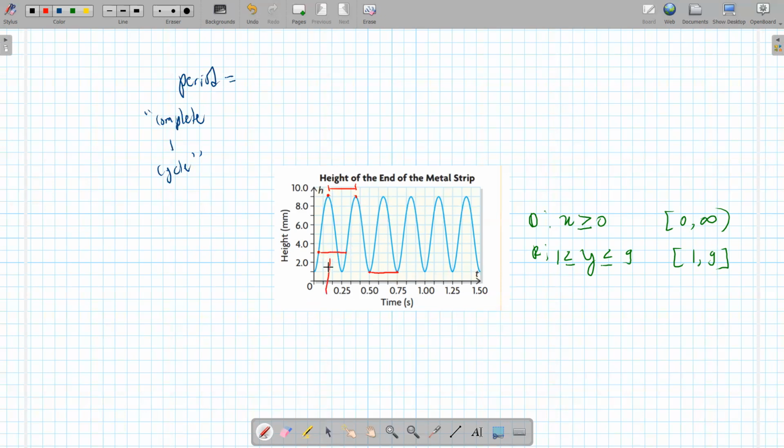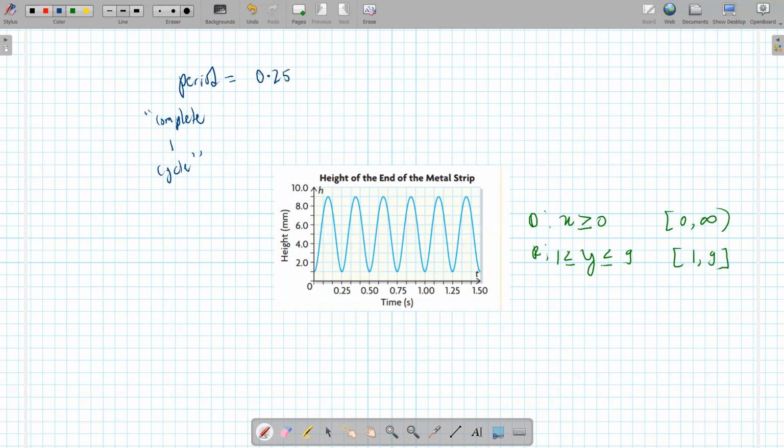But this one's not a very good example because we don't know what the x value is there. So we're going to stick with either the minimum or the maximum. What's the distance from one minimum to another minimum? It's 0.25. Right, so the period is 0.25 seconds.